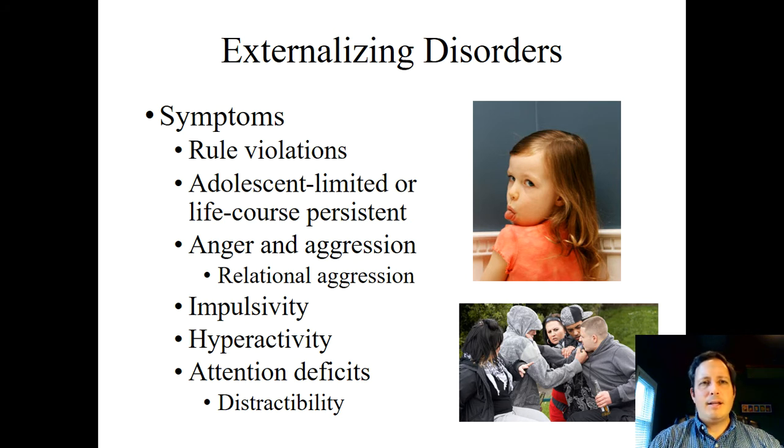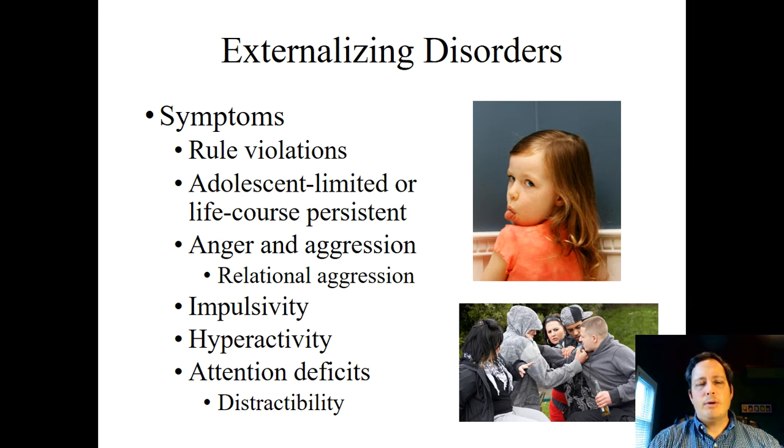Whereas adolescent limited, usually their childhood is unremarkable. You don't see a whole lot of behavior issues, and then they start right after puberty, and they tend to occur for most of adolescence, maybe into emerging adulthood, but then stop and go back to not having any issues.